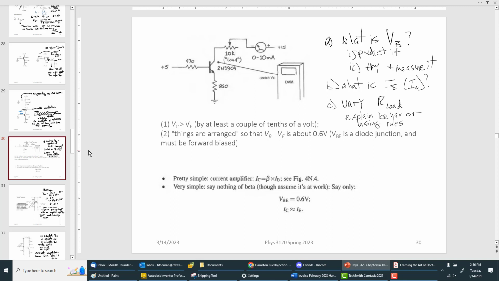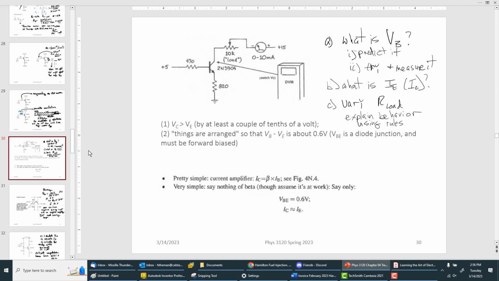So now I'm going to help you out a little bit. He wants you to observe the behavior of the current as a function of the load resistance. And I have the variable resistors over there. I'll hand them out.